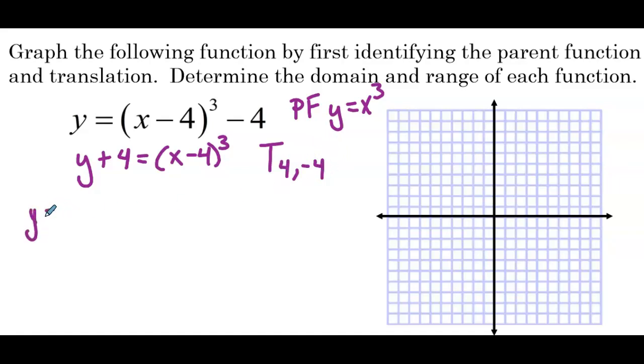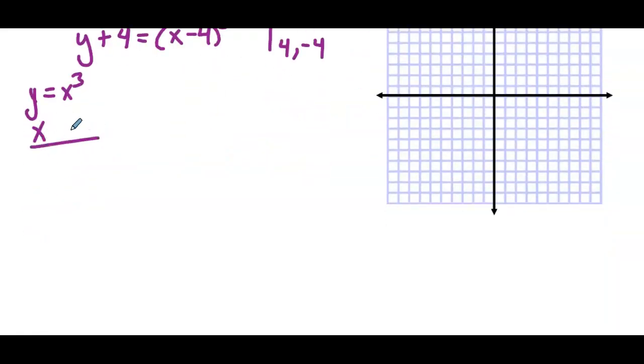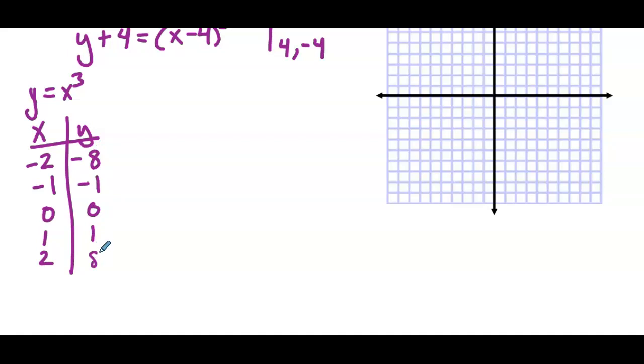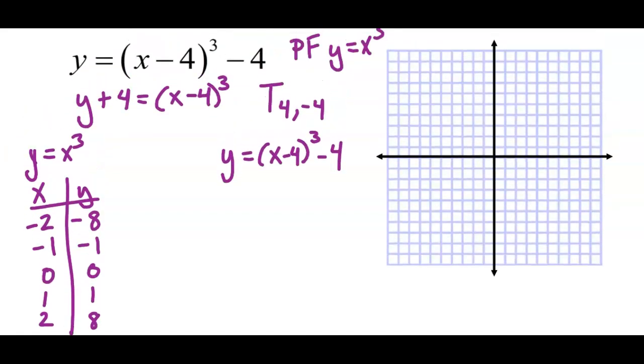Our parent function, set up that table of values. So we have x and we have y. We'll use negative 2, negative 1, 0, 1, 2 as our x values. So y is going to be negative 8, negative 1, 0, 1, and 8. And we need to figure out what the points are for the translated graph.